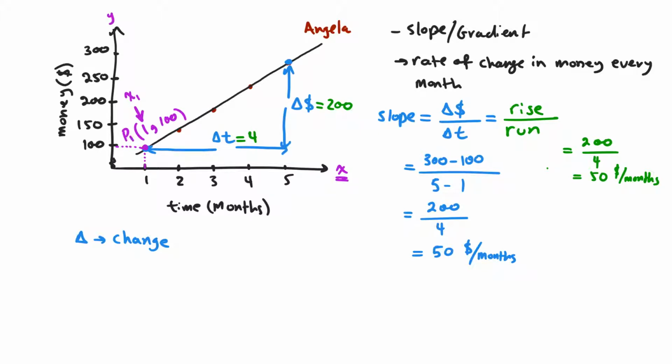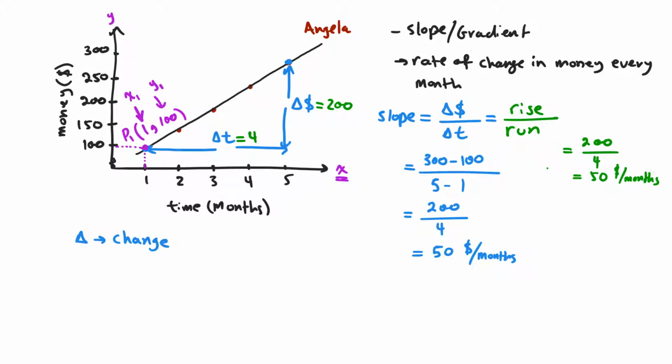So point 1 has x coordinate 1 and y coordinate 100. Again, the subscript 1 refers to point 1.